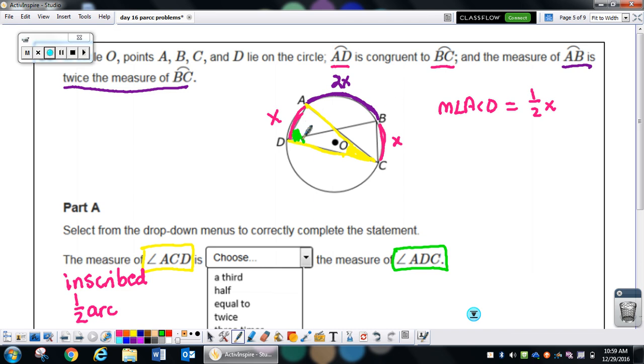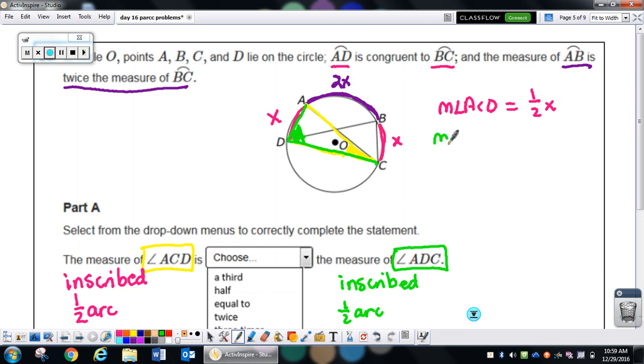So that's this whole guy, and it makes this angle. Okay, so that's also inscribed, which means it's going to be half the arc. So let's figure out the arc that makes that angle is 3x.